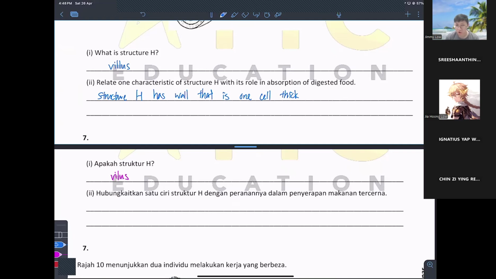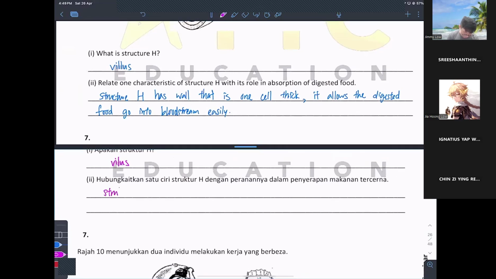This is the characteristic. Then you explain: it allows the digested food to go into the bloodstream easily.